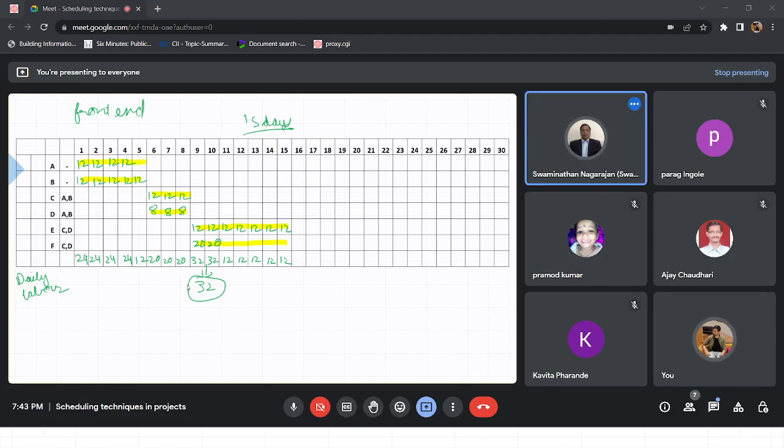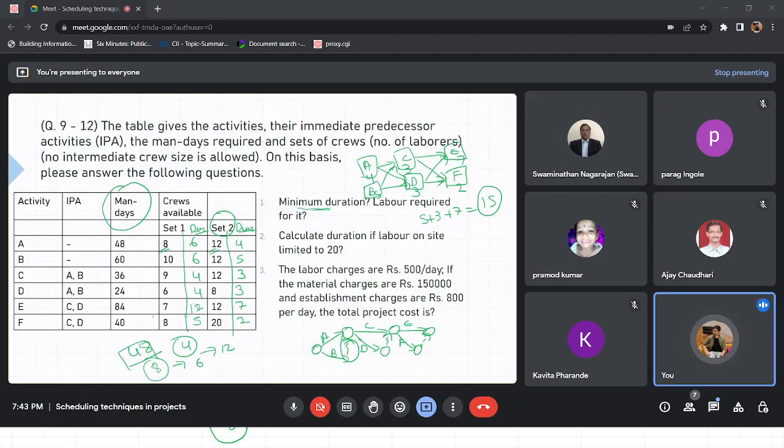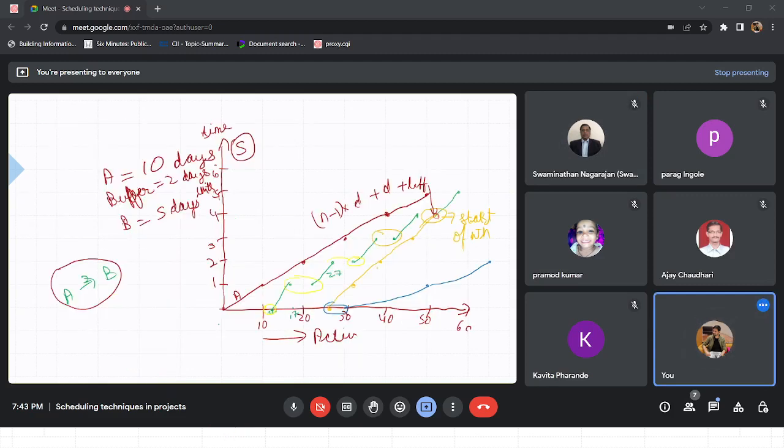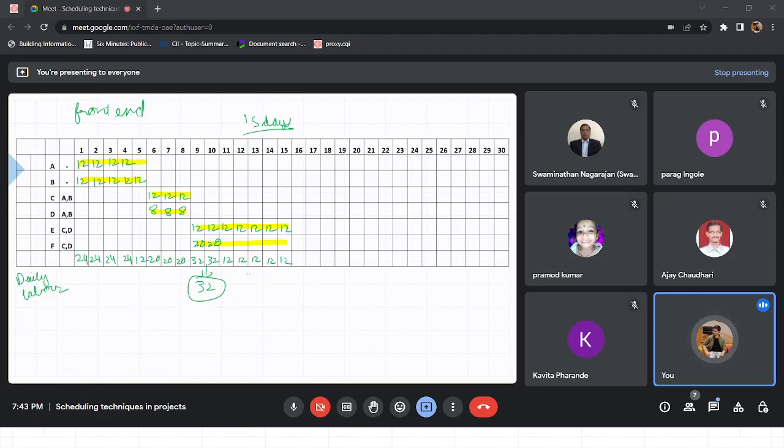Yeah, the site might be congested. So in this case, if you just see activity F, you can either do it in 2 days or 5 days with 20 laborers or 8 laborers. And here you actually have a buffer of 7 days. From 9 to 15, you can adjust your activity F anyway.